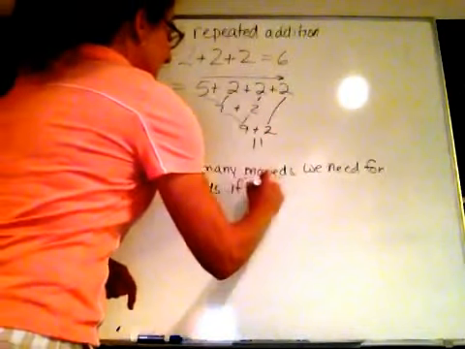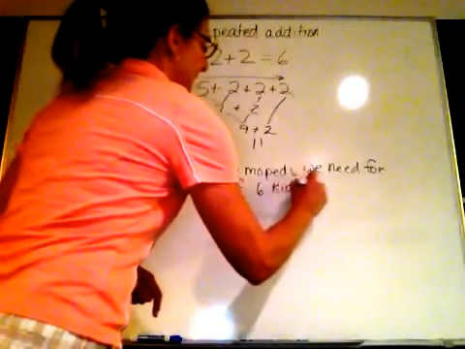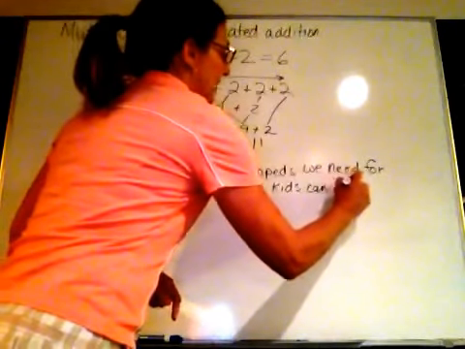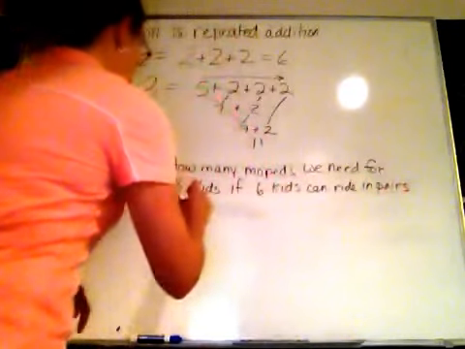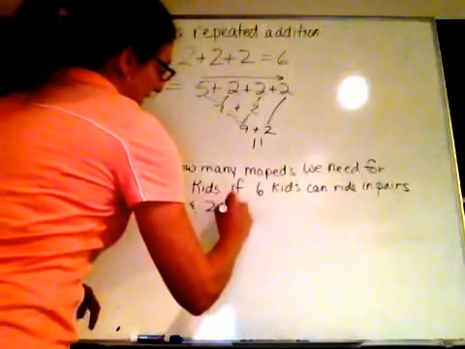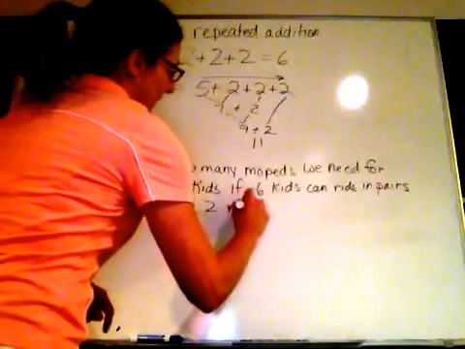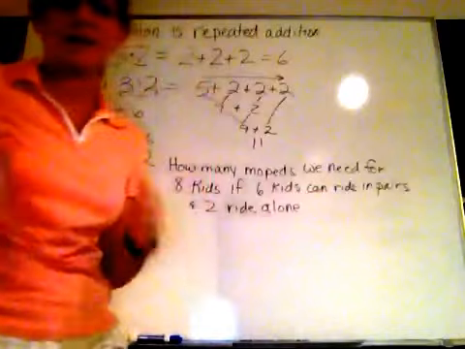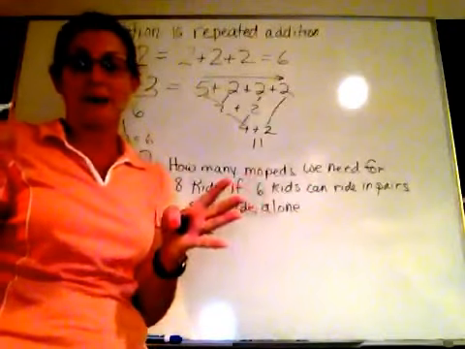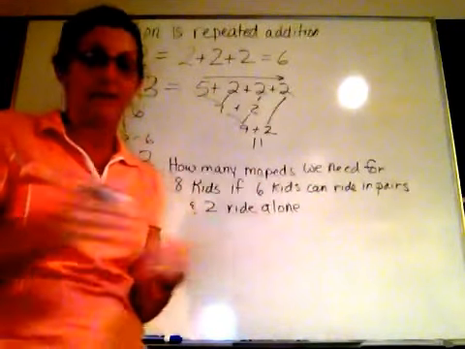If 6 kids can ride in pairs, and 2 have to ride alone, and we're going to say the reason they have to ride alone is because their parents say you cannot let somebody ride on the back of your moped, or you cannot ride it.